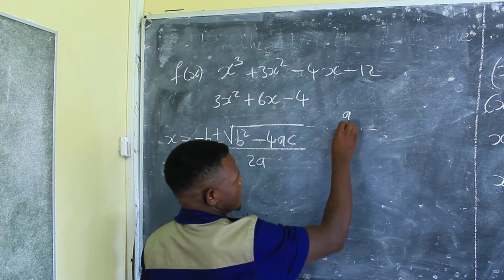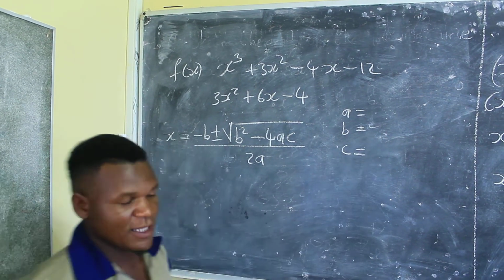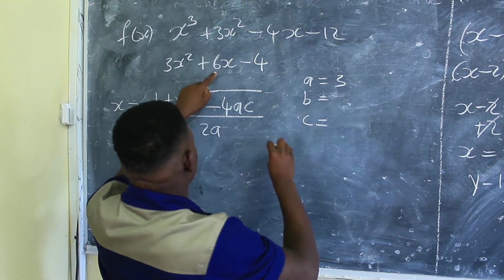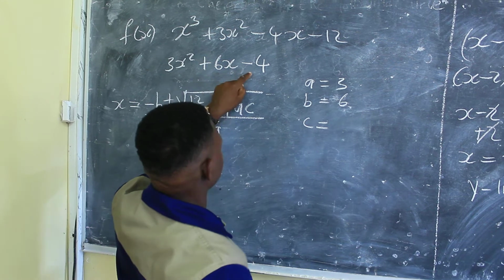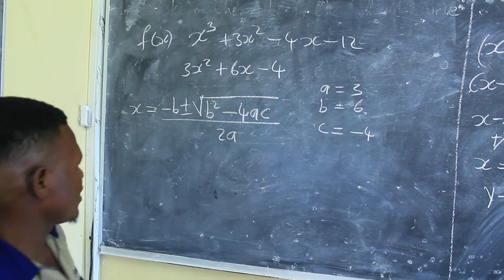So our values a, b and c, you put them aside there. Our a here is 3, b is 6, c is negative 4. I substitute them.